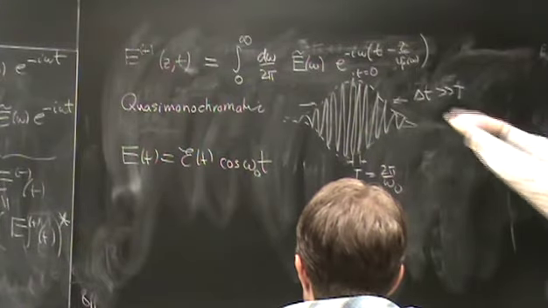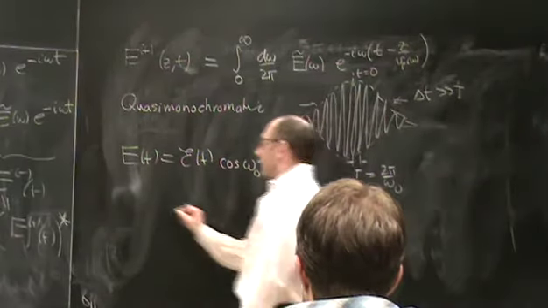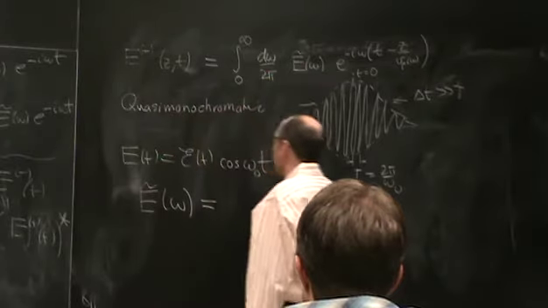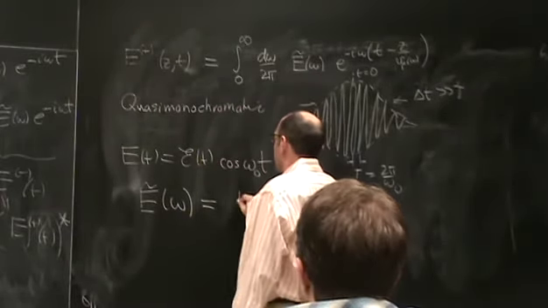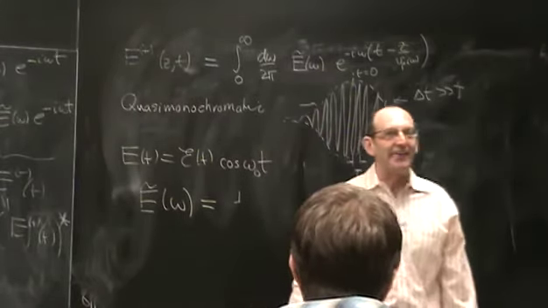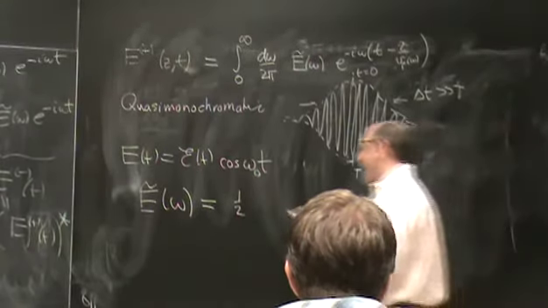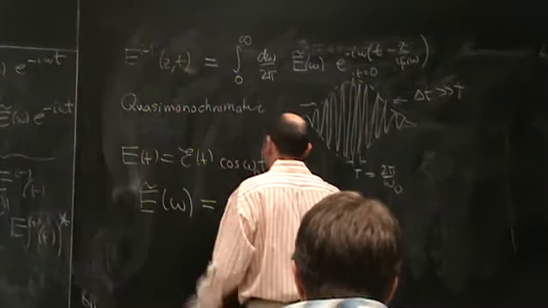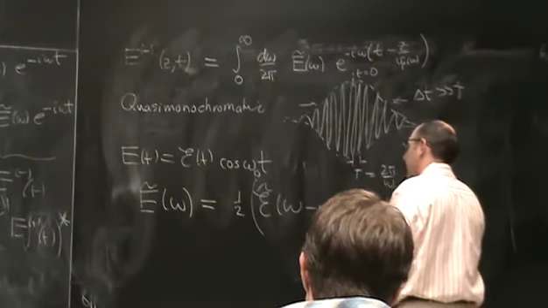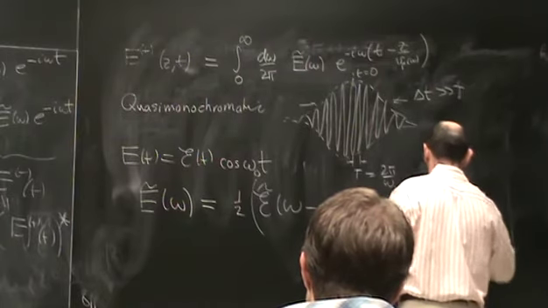So the envelope function is this dotted thing. As we discussed earlier in the previous lecture, the Fourier transform of this is given by one half the Fourier transform of the envelope function centered at frequency omega naught and at minus omega naught.